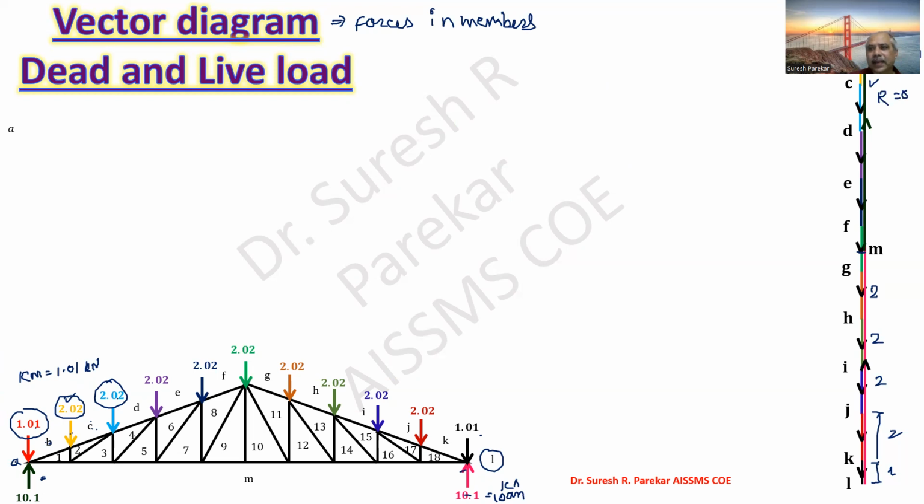If your starting point is A and you are coming back to A, it means you have a closed polygon. When the starting and end points are the same, it is known as a closed polygon, and that shows your resultant is 0. That means your truss is in equilibrium condition. And therefore we can apply Fx = 0, Fy = 0 likewise.